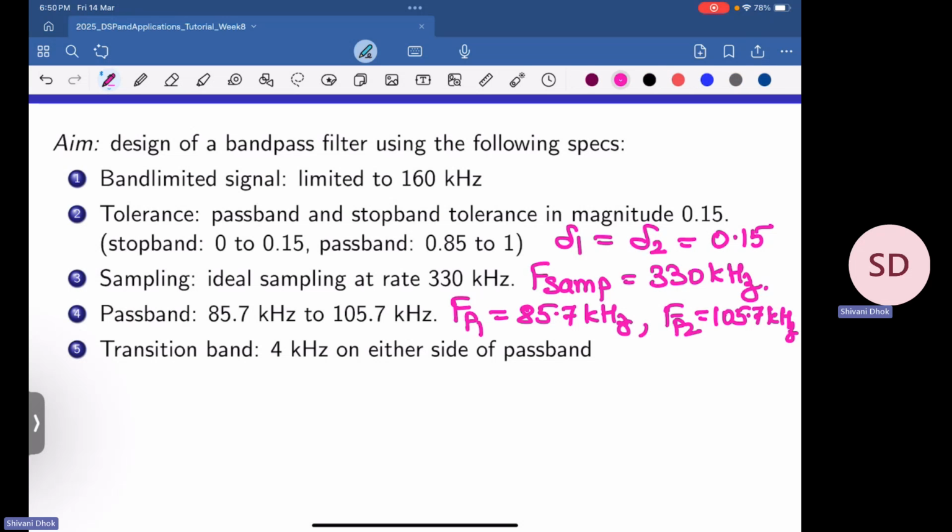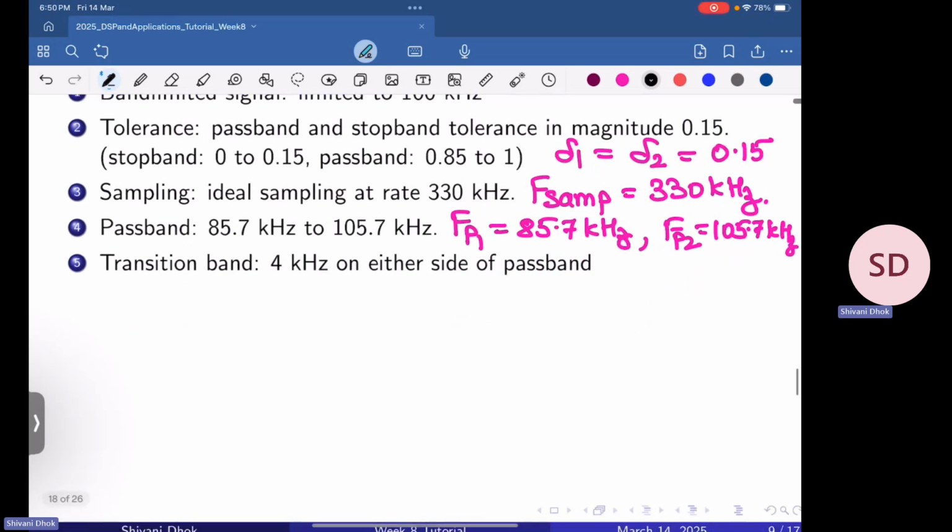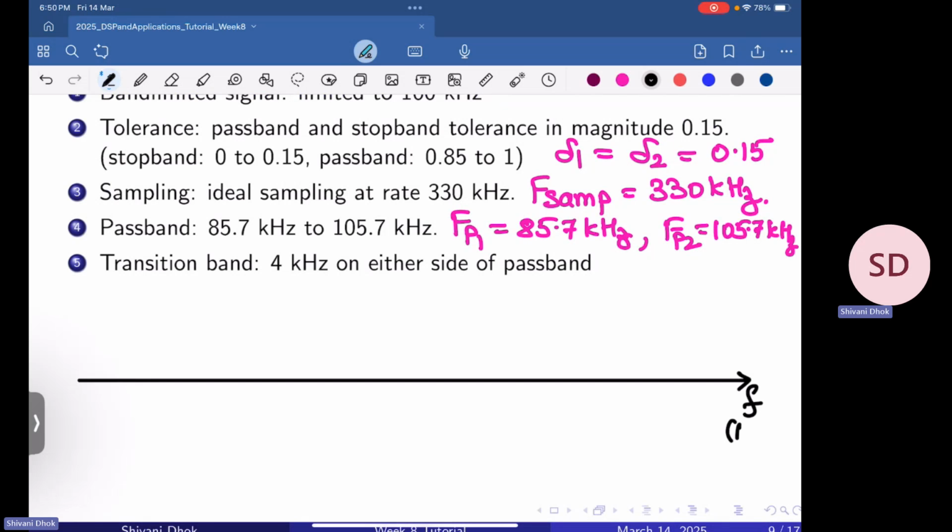Let us draw it and see how it looks. So this is F in kilohertz. First we have FP1, which is 85.7 kilohertz, and then FP2, which is 105.7 kilohertz.